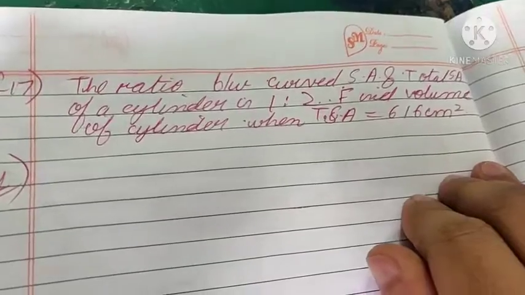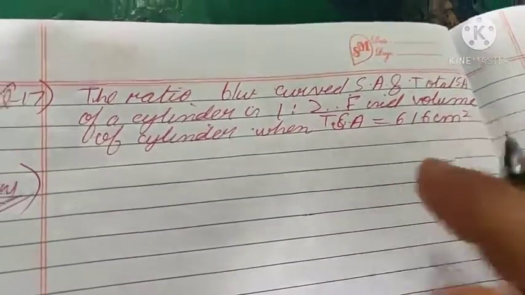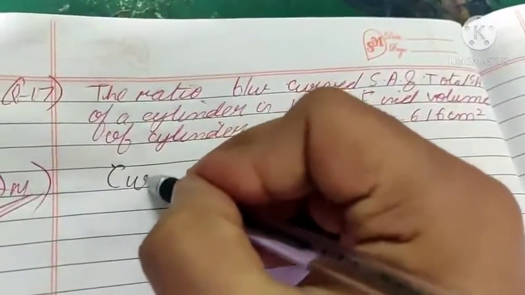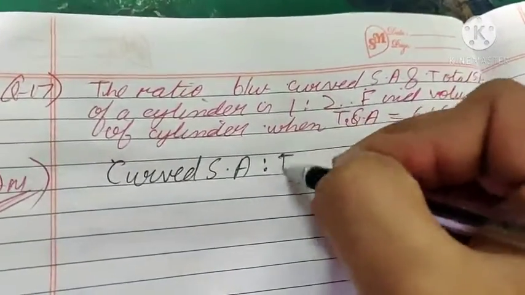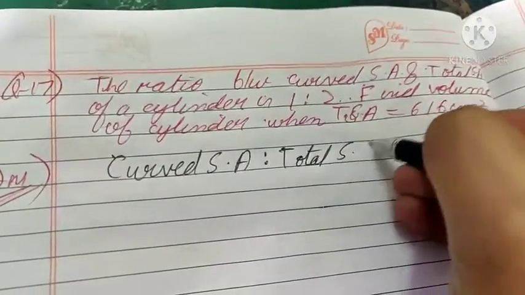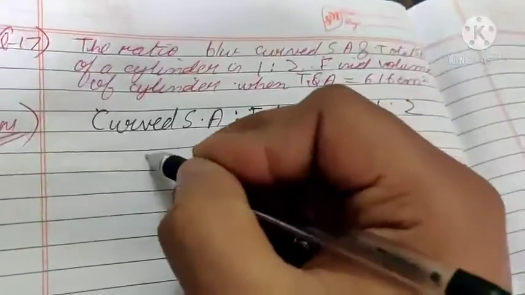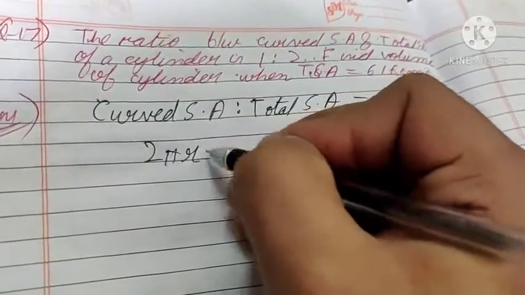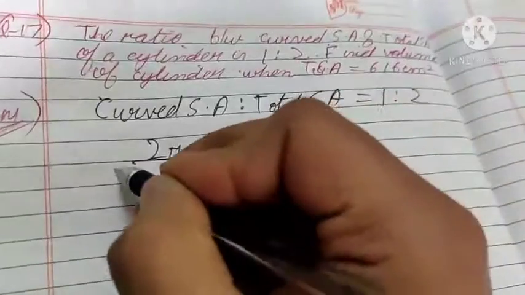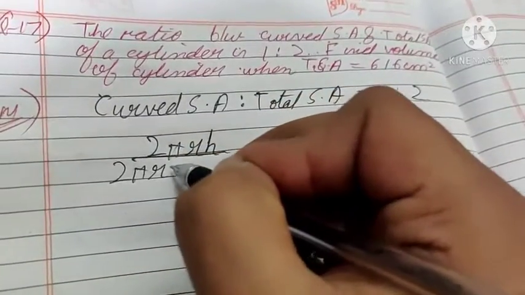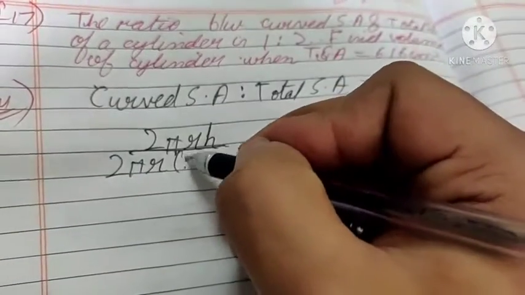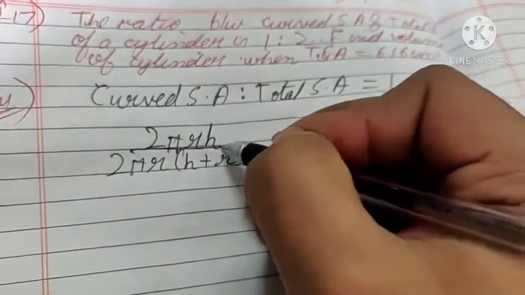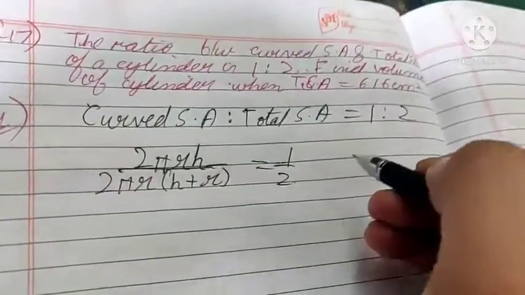Now the next question. The ratio of the curved surface area to the total surface area of a cylinder is 1:2. So curved surface area is to total surface area equals 1:2. The formula for curved surface area is 2 pi r h upon total, 2 pi r into h plus r, is equal to 1 upon 2.